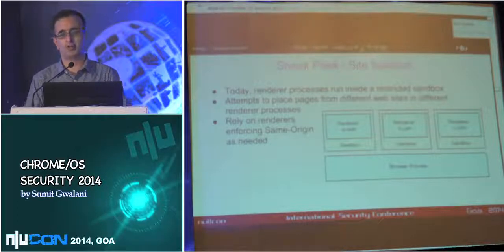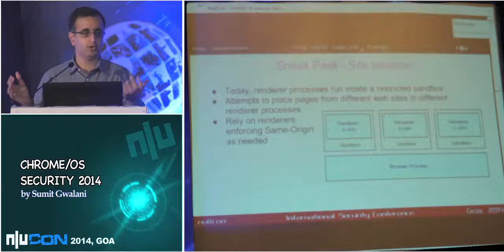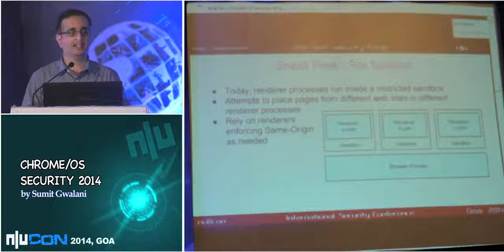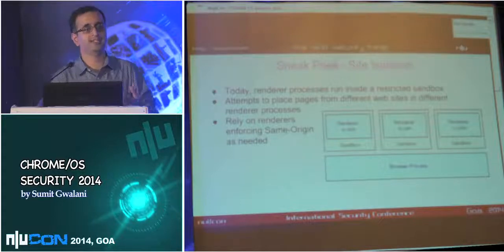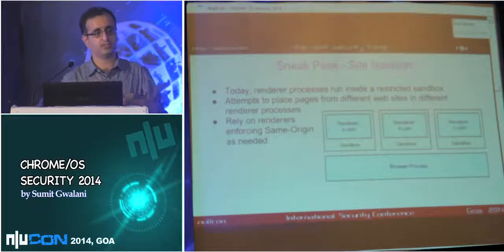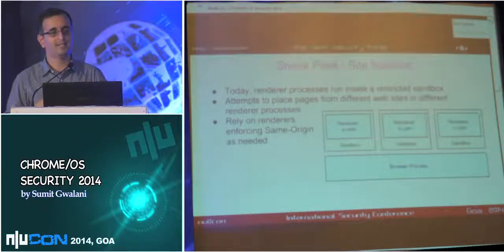You could potentially have multiple different sites, which could be trusted or not trusted depending on how the developer has made it, within the same sandbox. At that time, we rely on the renderer doing the right thing by ensuring the same origin policy. So we are still following the browser principle of same origin policy, but there's still room for someone to override it.